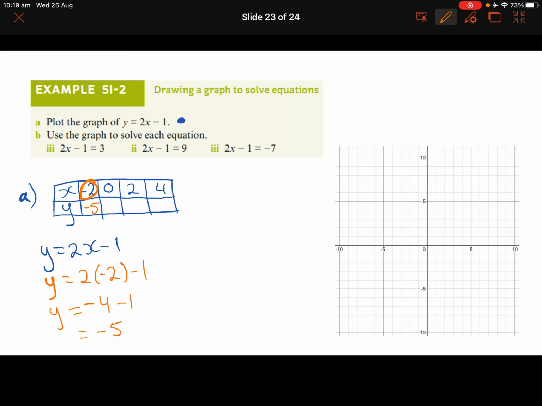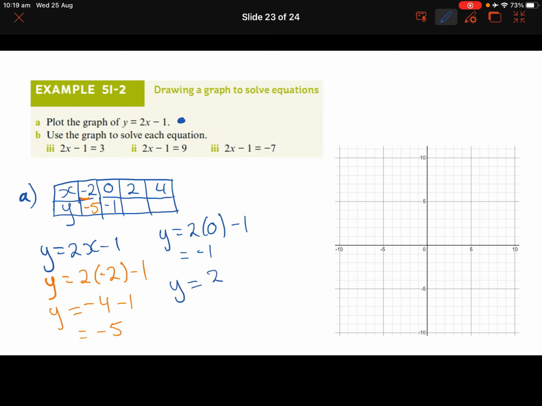Okay, so -5 goes here. Then we do the next point. Okay, so now we're going to do 0. So y equals 2 times 0, which is 0, minus 1. So when x is 0, y equals -1.